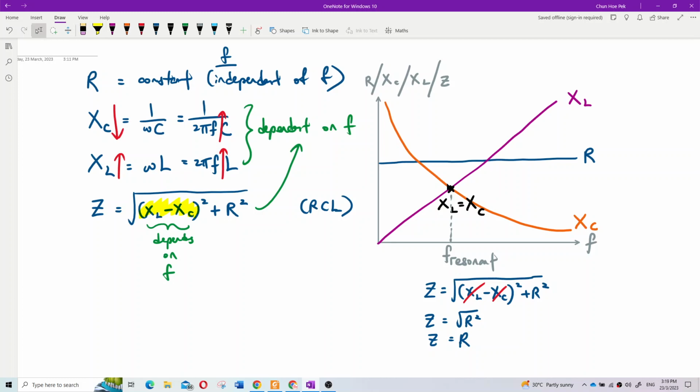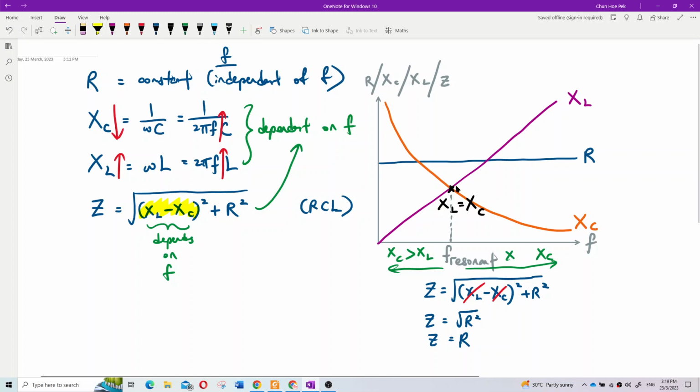Over here, I want to write something. So over here, XC is bigger than XL. Before here, and after that XL is bigger than XC. Correct, class? Yeah.